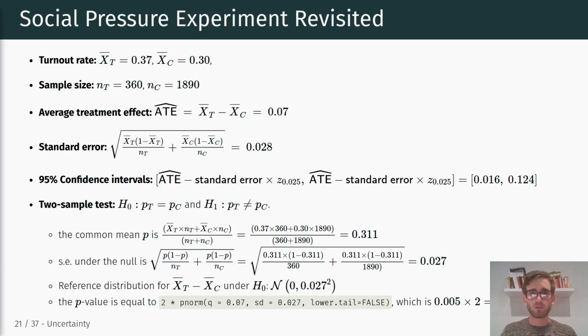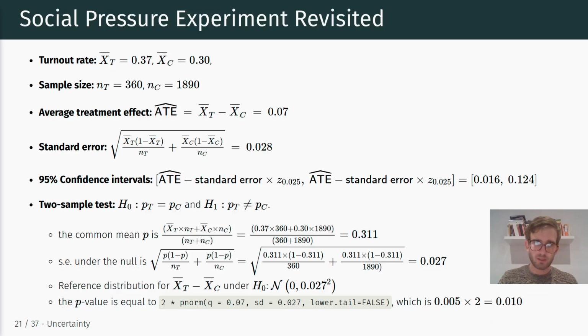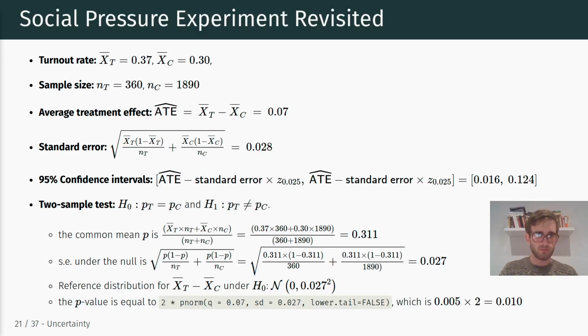The first thing we want to do is compute the common mean, which we will assume in order to compute our standard error under the null hypothesis. Because under the null hypothesis, we need to compute a standard error, and in order to compute that standard error, we need a true population proportion.